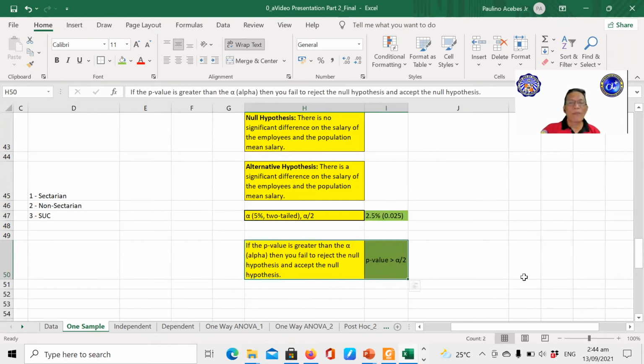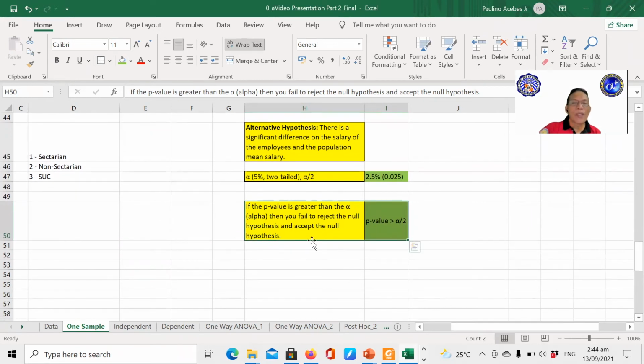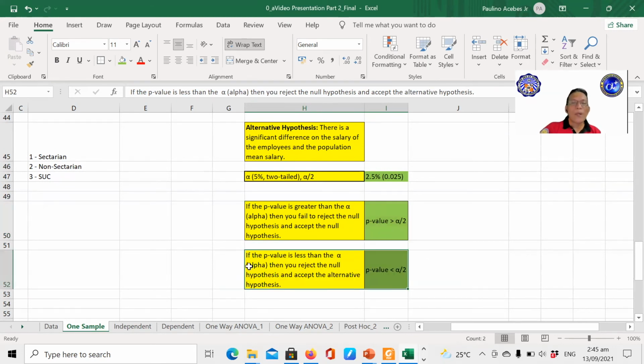Let us now check what the conditions are for us to accept the null hypothesis or accept the alternative hypothesis. At first, if the p-value is greater than the alpha, then you fail to reject the null hypothesis and accept the null hypothesis. If the p-value is less than the alpha, then you reject the null hypothesis and accept the alternative hypothesis.